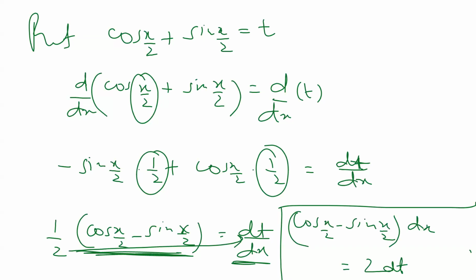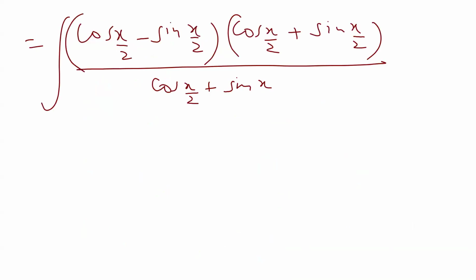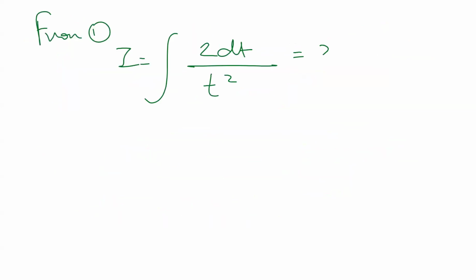So from 1 this thing is 2 dt, and this is t square. Take 2 outside, t raised to minus 2, x raised to n formula, and then replace t with cos x by 2 plus sin x by 2. Okay. So this part I'm giving you for self study.